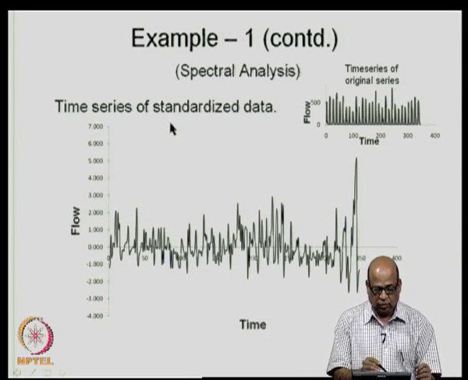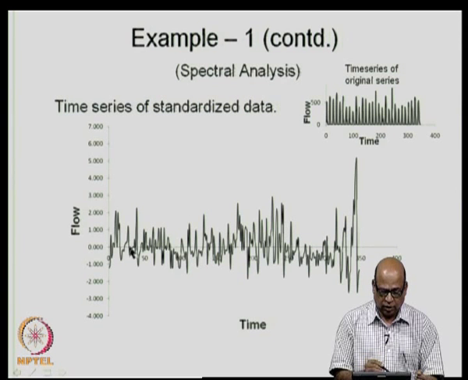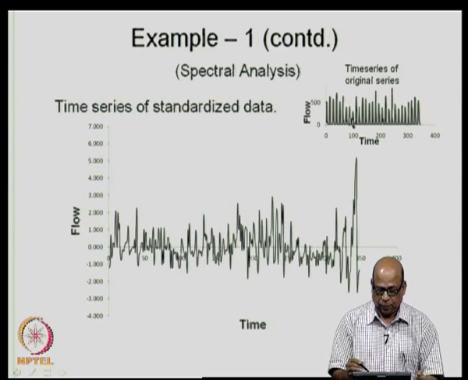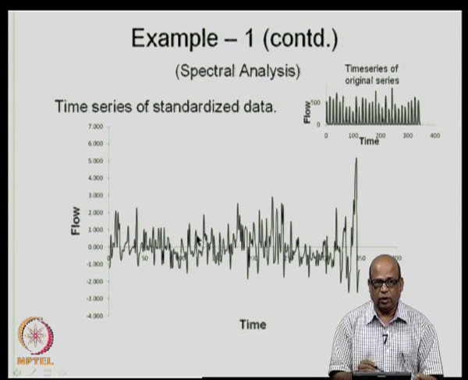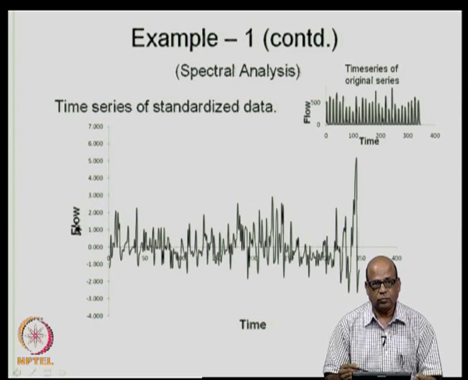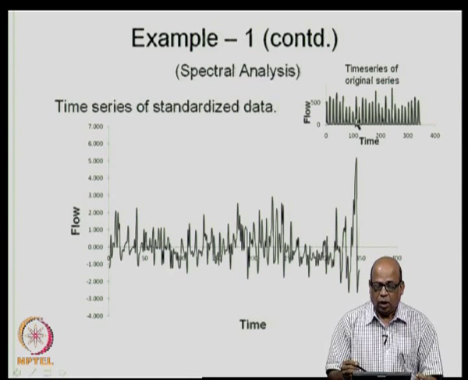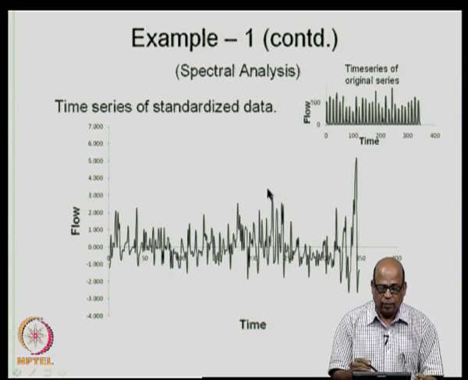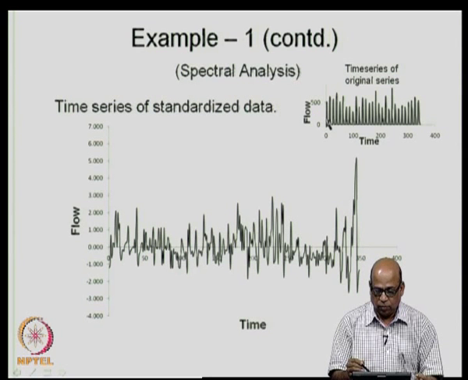When you plot the time series for the standardized data, it looks like this, whereas the original time series was this. This is the time series for the standardized data; this flow is a standardized flow. As you can see, this is a much more random series compared to the original time series.